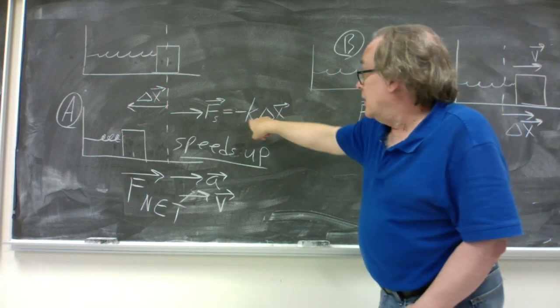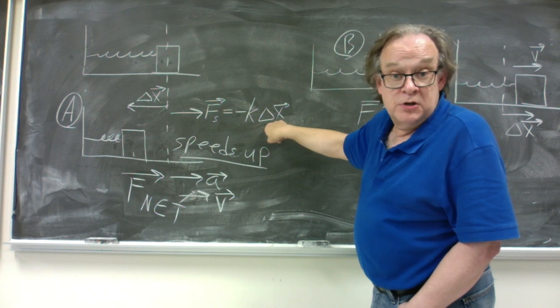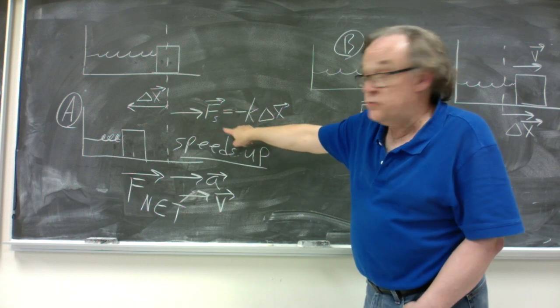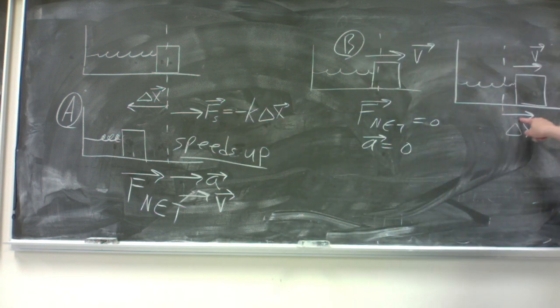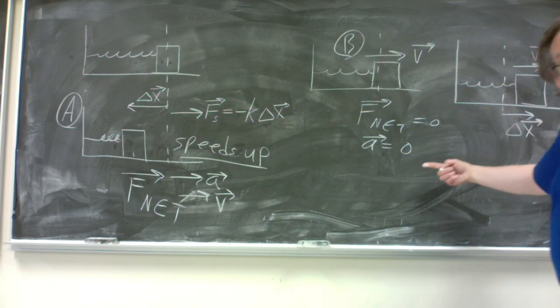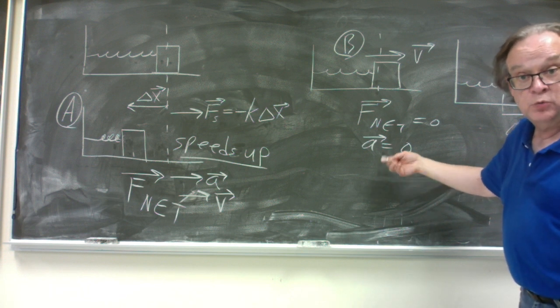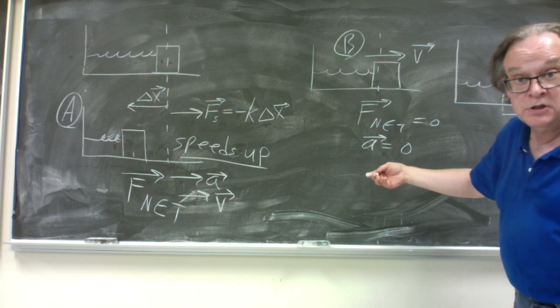And that means now there is displacement away from equilibrium, so there is a spring force, and the spring force always points opposite to the displacement. So displacement is to the right, so the spring force is to the left. In other words, net force is to the left.